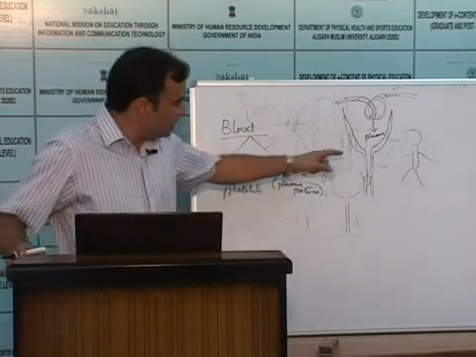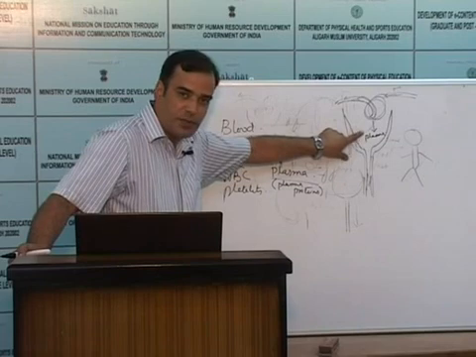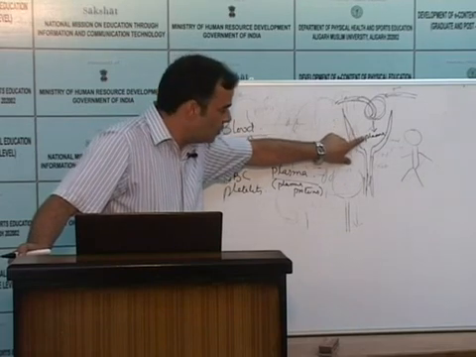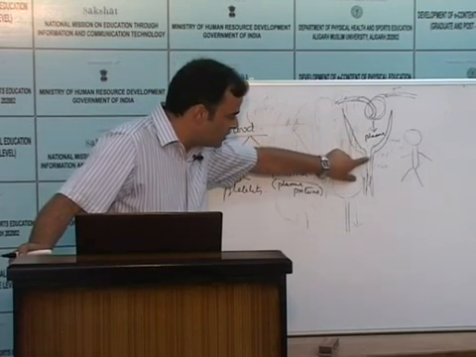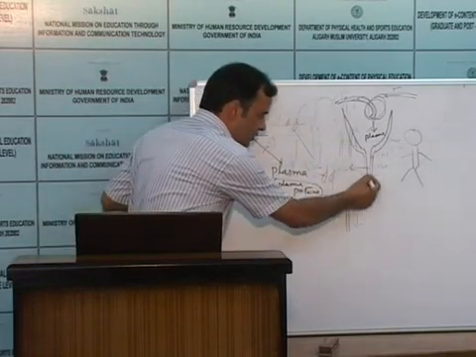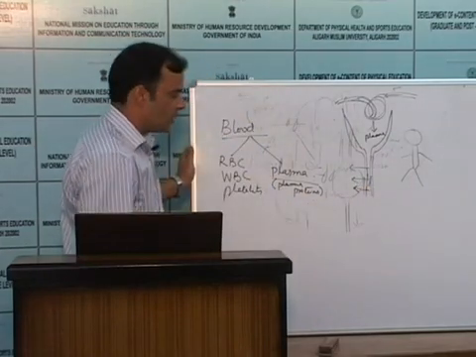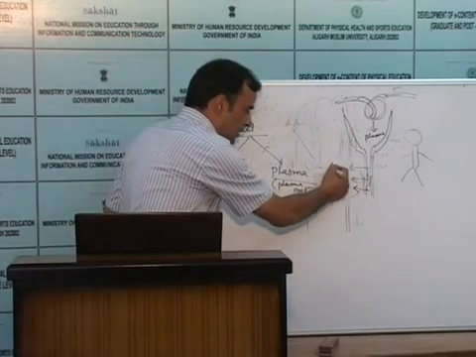Now the filtrate in this Bowman's capsule, which contains both useful and unwanted substances, passes into this tubule, and the substances that are useful for our body, like glucose and amino acids, are reabsorbed back into the blood.